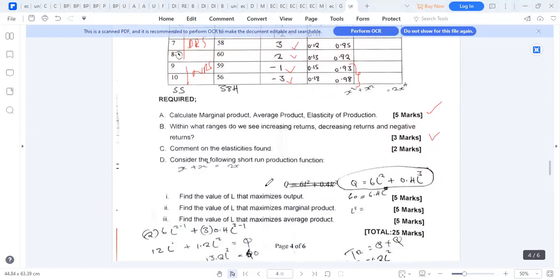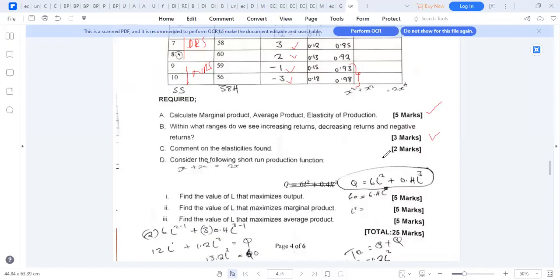Consider the following production function. Q is equal to 6L squared plus 0.4 L to the power 3. Find the value of L that maximizes production. So what are we given?